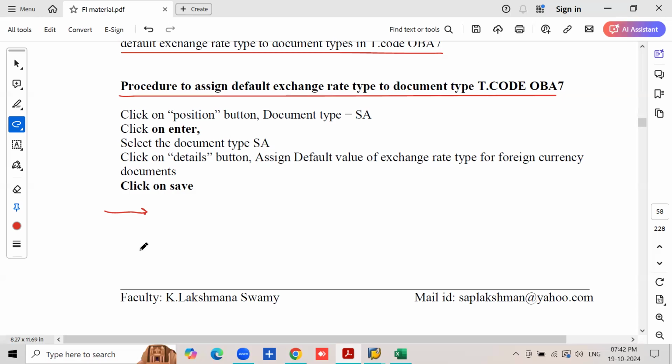So these are the standards, but ultimately the client requirement is important, right? So based on the client requirement only, we have to assign the required exchange rate type in the document type.